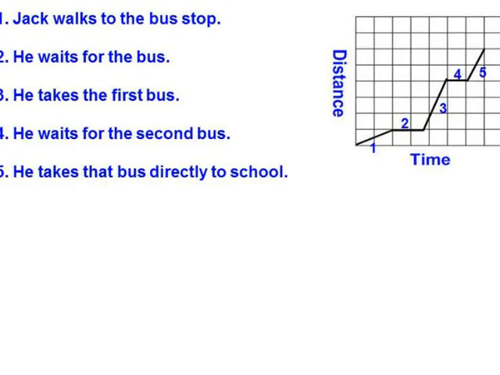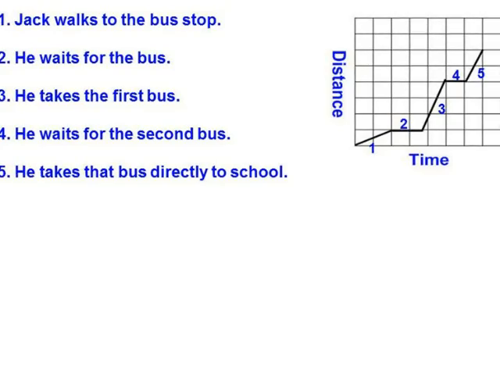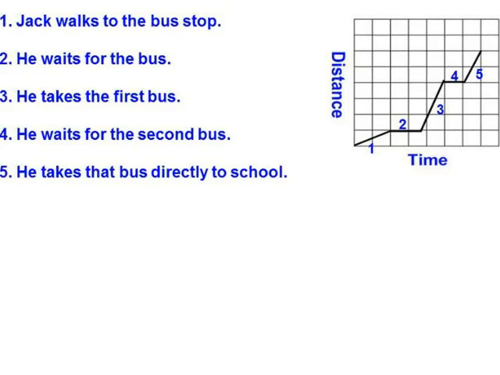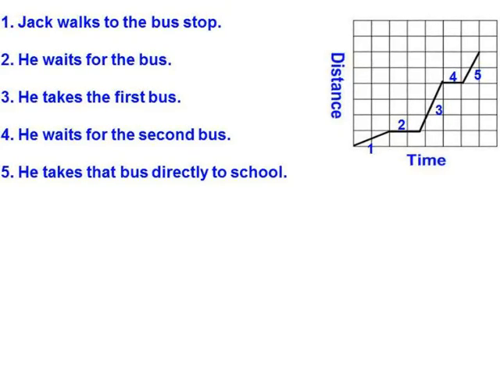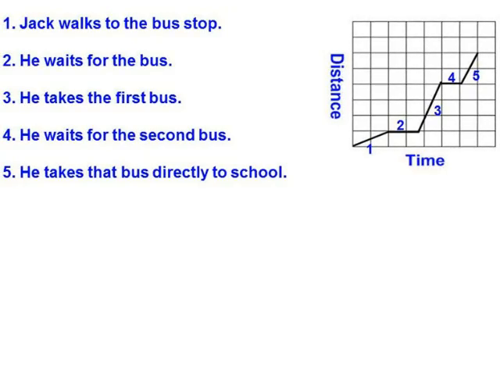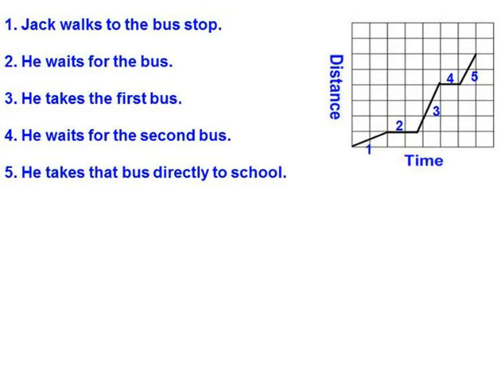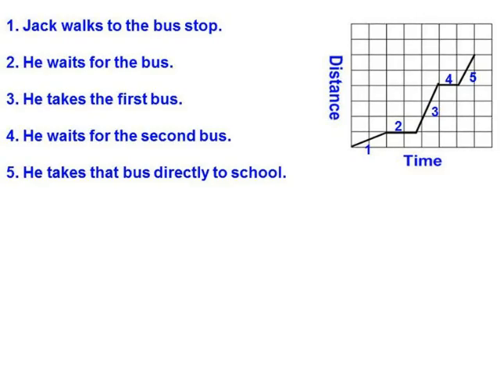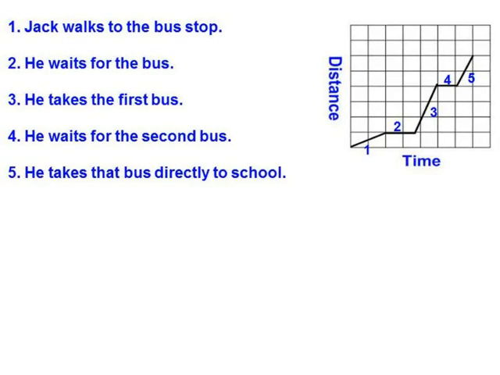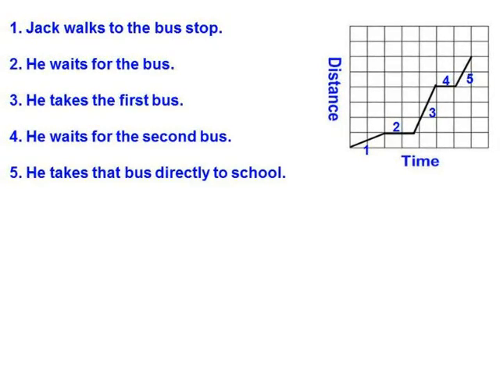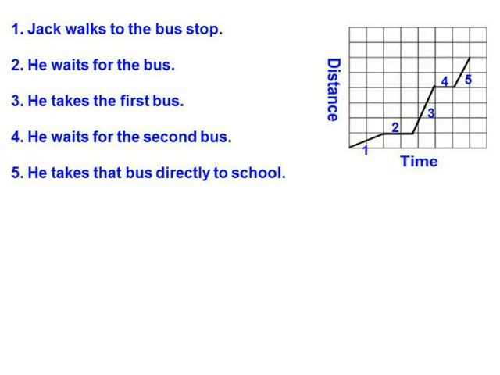Next, number 3. He takes the first bus. Compare 3 and 1. Notice how number 3 goes up really steep compared to number 1, because he's on a bus. He's moving quicker. All right. Next, number 4. Look at number 4 and look at number 2.